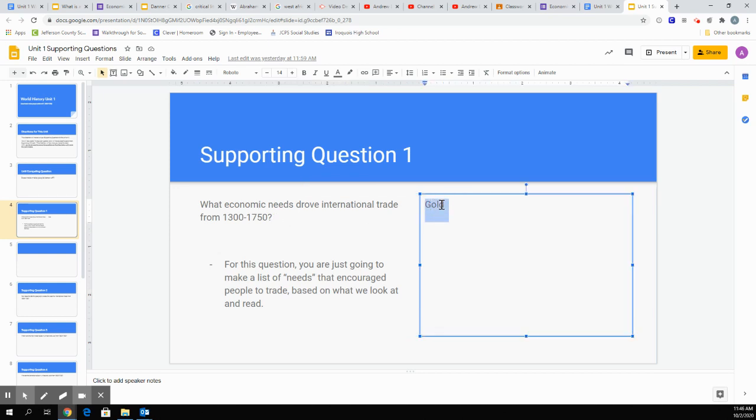And obviously you can put gold, but put a couple bullet points of specifically how West Africans and Europeans traded for gold and made money off of it. Just put a couple bullet points that tell me how they made money trading for gold. Because I want you to keep this document up to date.